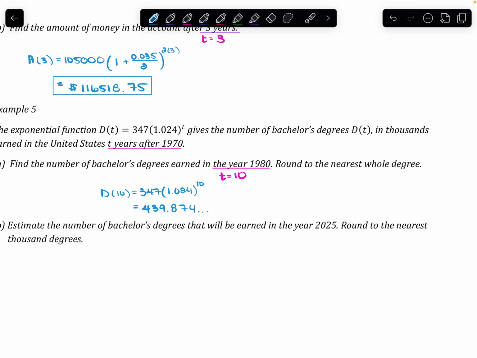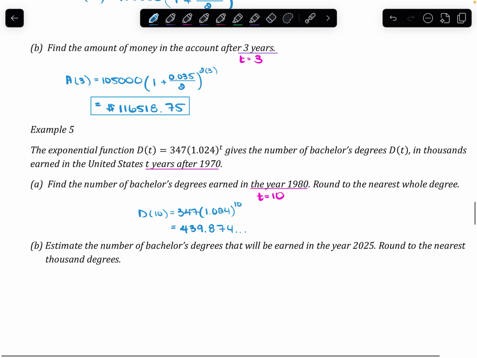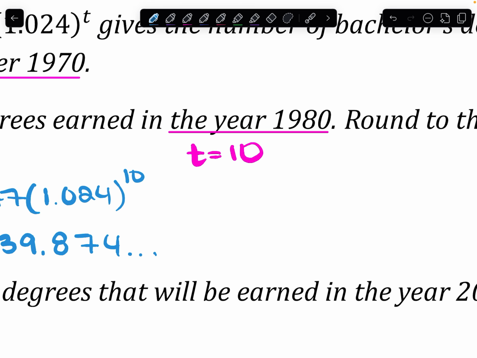All right, if we go reread, it says round to the nearest whole degree. So remember, our D of t is in thousands, so we're asked to round to the nearest whole degree. That is not going to be 440. Remember, this is in thousands, so what we would have to do is multiply that by 1,000.